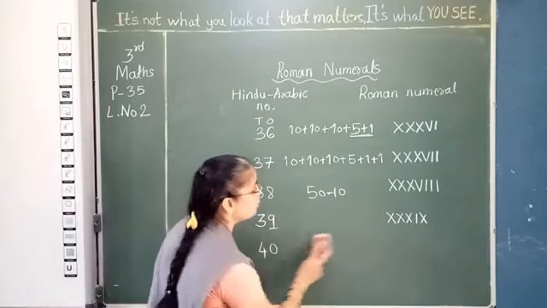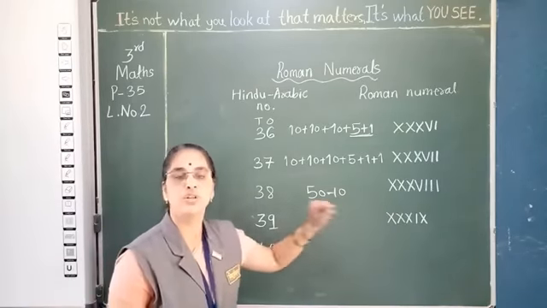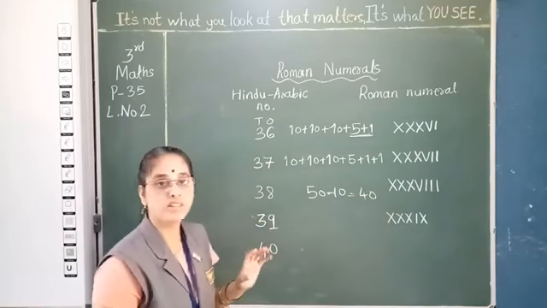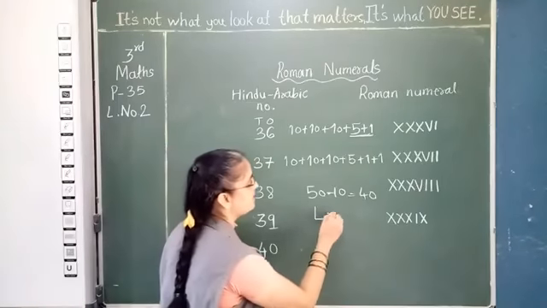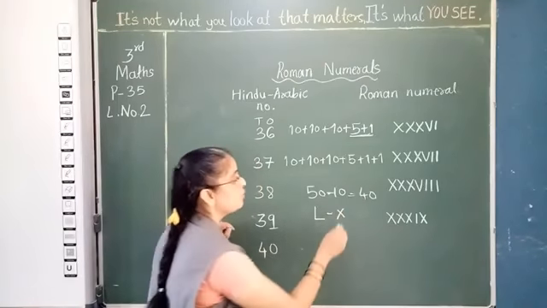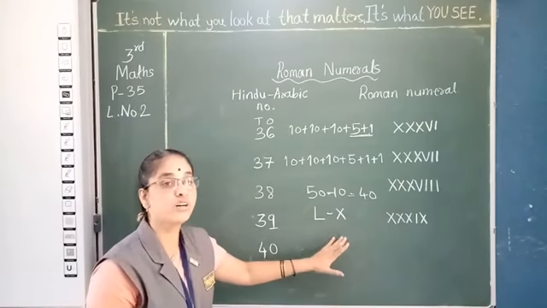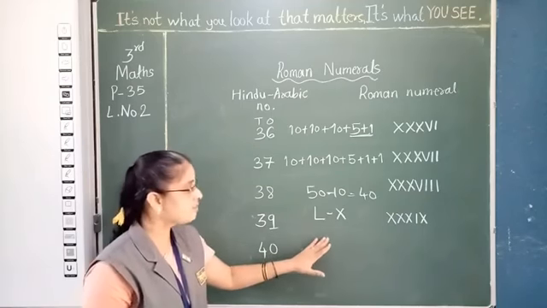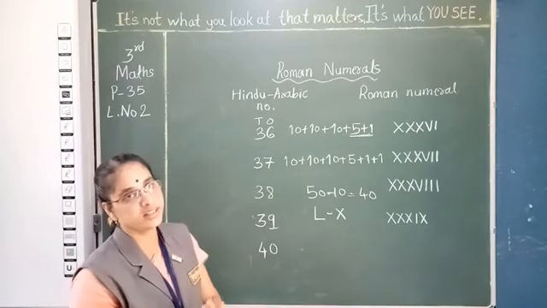Now you are going to represent this using Roman numerals. For 50 which symbol is there? L, and for 10 which symbol is there? That is X. So how are you going to represent it? Are you going to write LX? No, because here we are doing the subtraction. When you are doing the subtraction, you write the smaller symbol first, and then the bigger symbol.